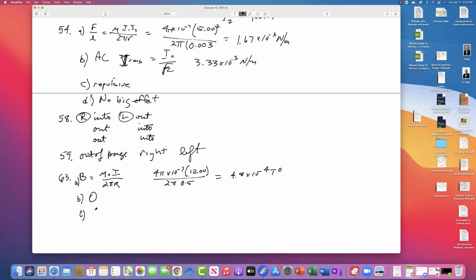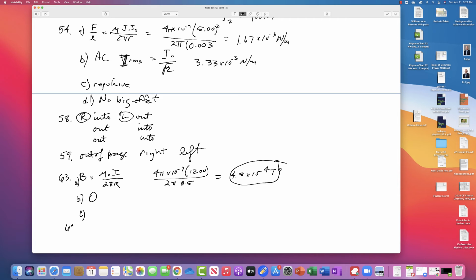C, if the wires don't cancel, it says discuss the effects this would have on a compass if it's not shielded. If the amperage does not cancel and it's not shielded, then this magnetic field would have an impact on the compass and cause it to misread.